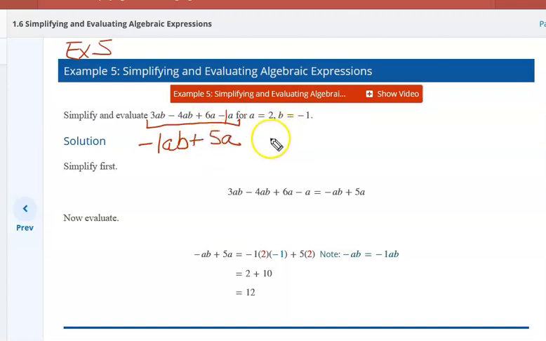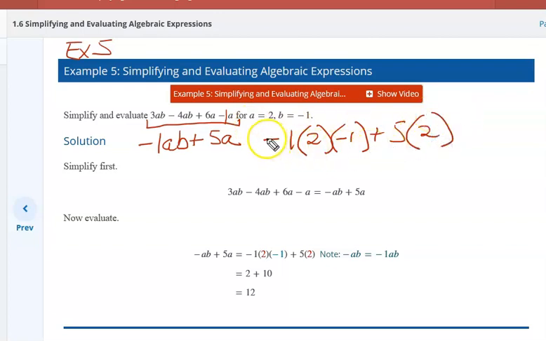So now we're going to substitute. -1. A, we said, was 2. B is a -1. And then plus 5. A is 2.